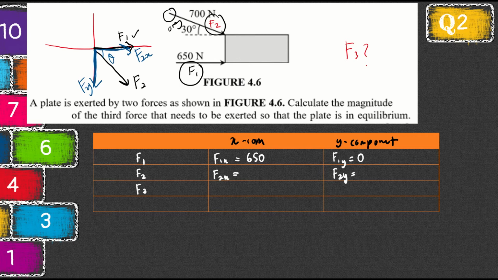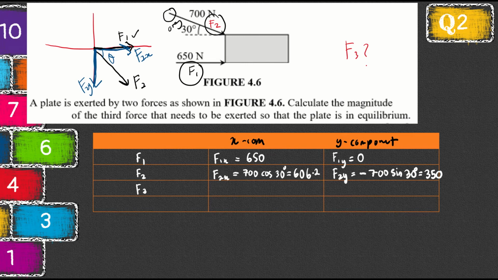You are going to write down F2X is equal to F2 cos theta, so 700 cos 30, and the value is 606.2. For F2Y, because it is downward, it is going to be negative 700 sine 30. So you are going to get negative 350.